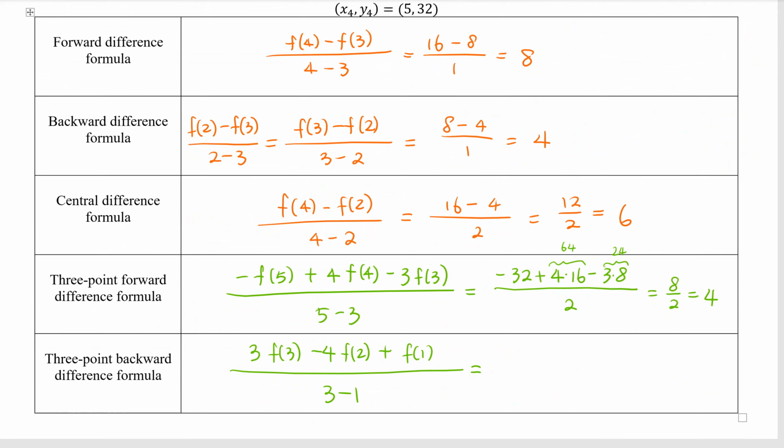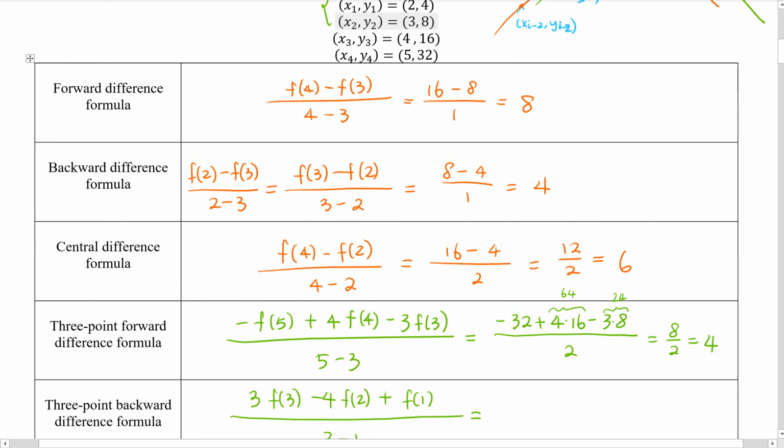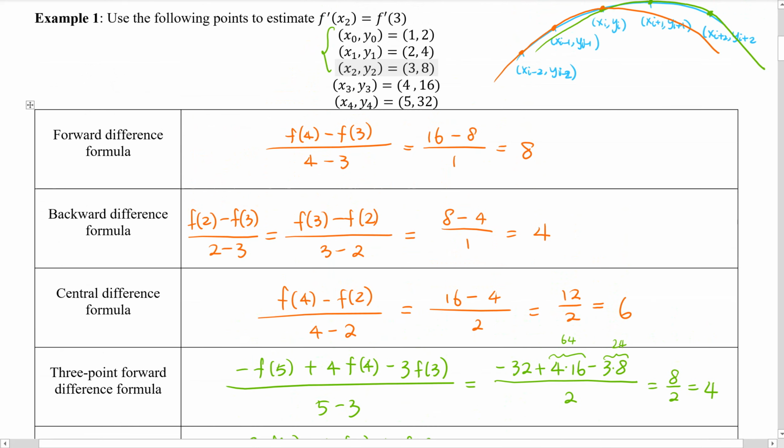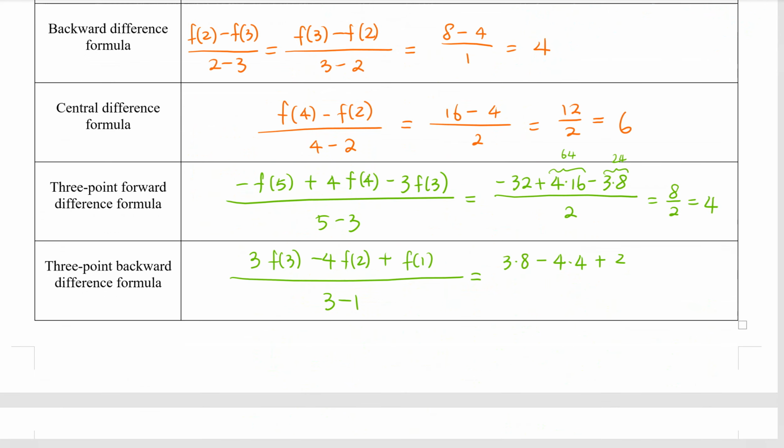Okay, f of 3 is 8. f of 2 is 4. f of 1 is 2. 3 minus 1 is 2. Okay, what's that? Well, 3 times 8 is 24, minus 16 is 8. 8 plus 2 is 10. 10 divided by 2 is 5.